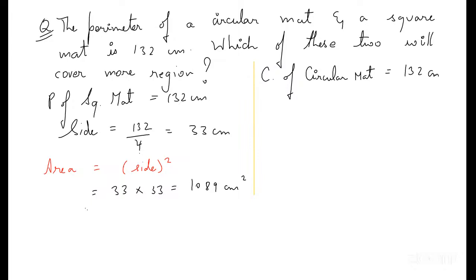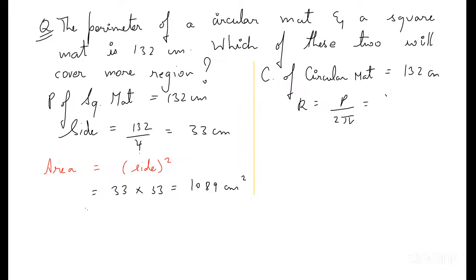Radius equals perimeter upon 2 pi, or circumference upon 2 pi.